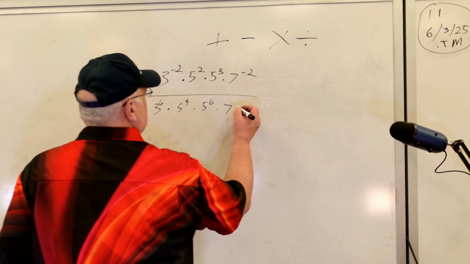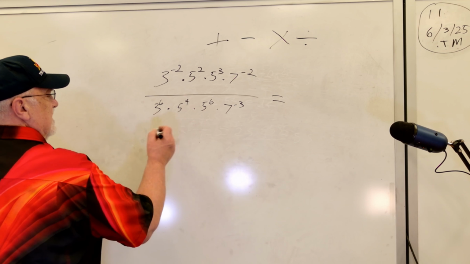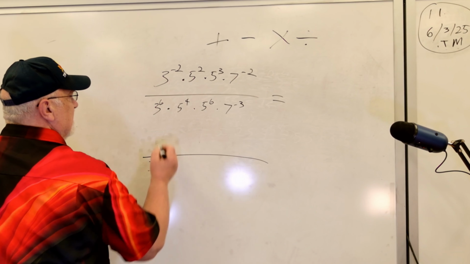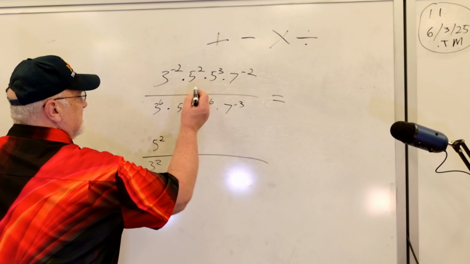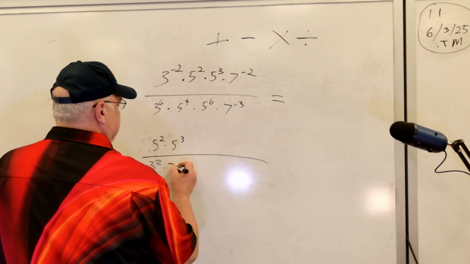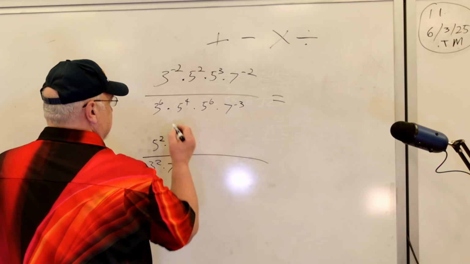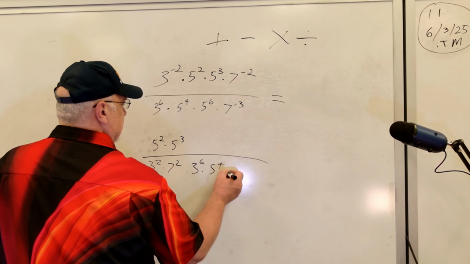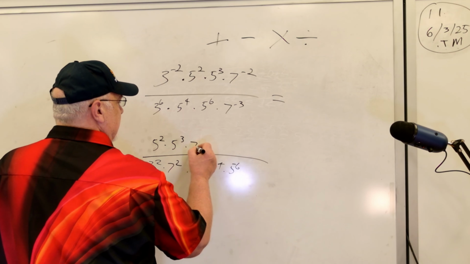And let's put a negative 3 here. All right, so we would actually move these around. So let's draw our line. This 3 to the negative 2 becomes 3 squared, and the 3 to the 6th is still there. And the 5 squared stays up, times the 5 cubed stays up. The 7 to the negative 2 becomes 7 squared on the bottom. And then this is times the 3 to the 6th, and times 5 to the 4th, and times 5 to the 6th. And then the 7 to the negative 3 goes up here, 7 cubed.